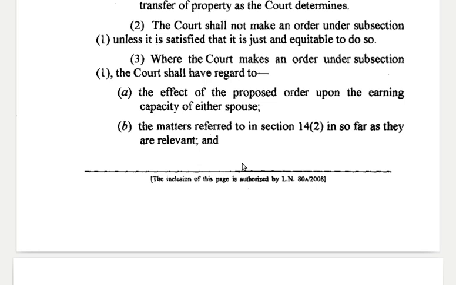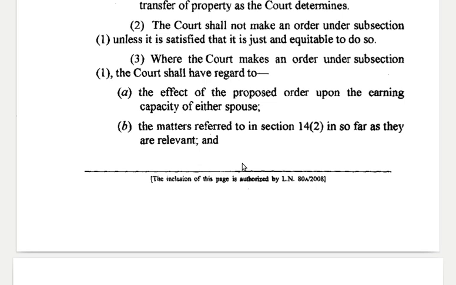So they will want to know how much money you make, how much money you earn, so that they don't order you to pay what you cannot pay. Or in some cases, if you are quite wealthy, earning a lot of money, they will say you should be able to pay more than what is being required, or they may say that you can afford to make the payment.